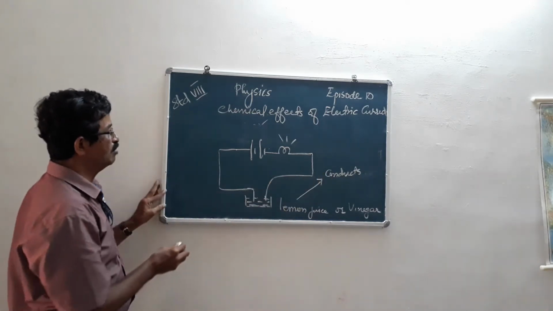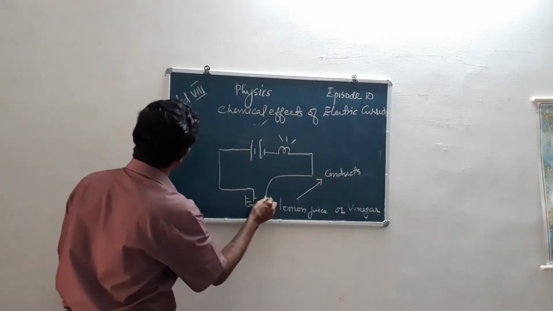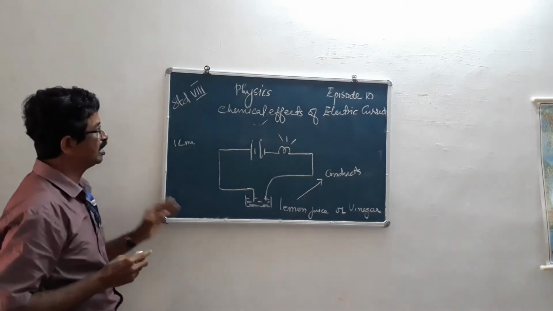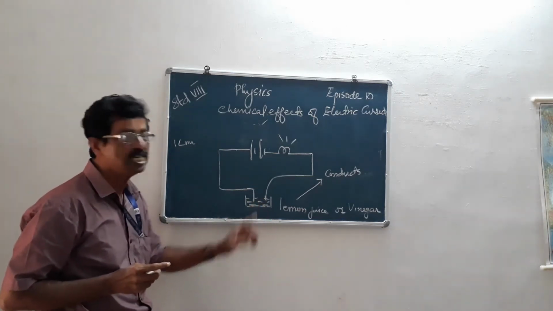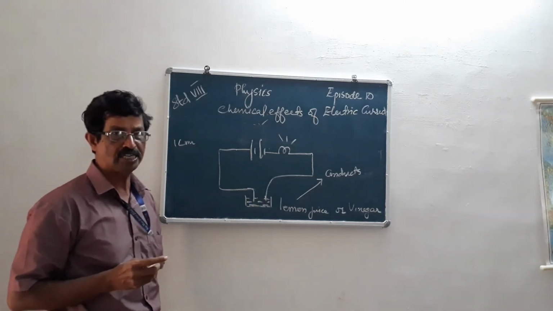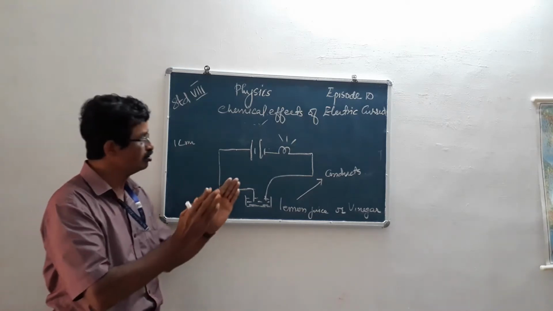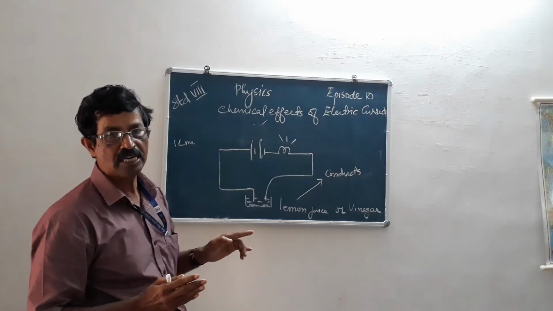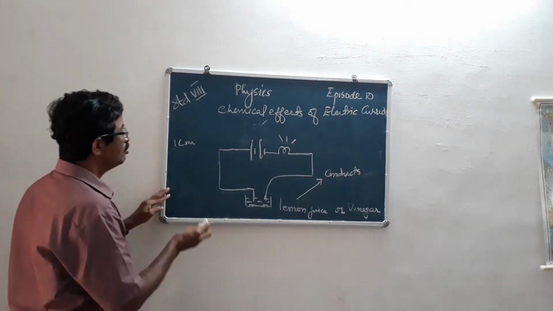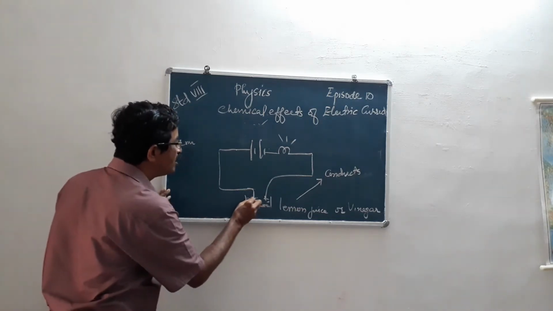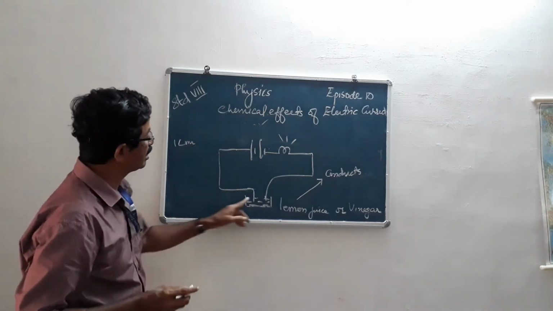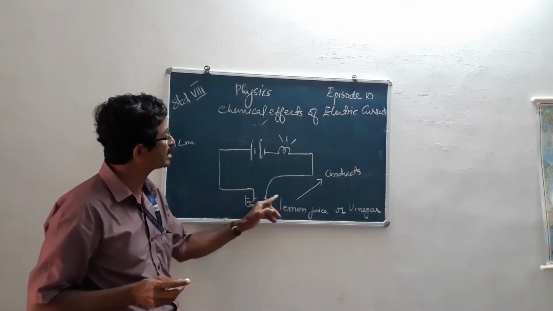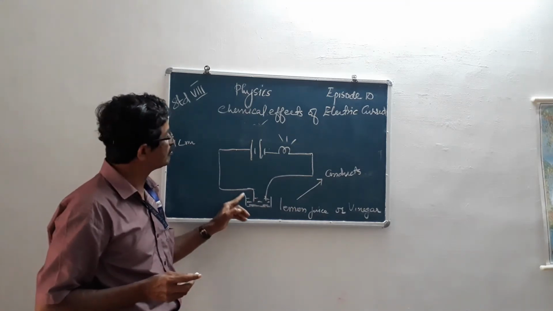One thing you want to remember, the distance between the free ends should not be more than 1 centimeter. If it is at too large a distance, then current conduction may not happen. Also, when you dip these ends, they should not come in direct contact.